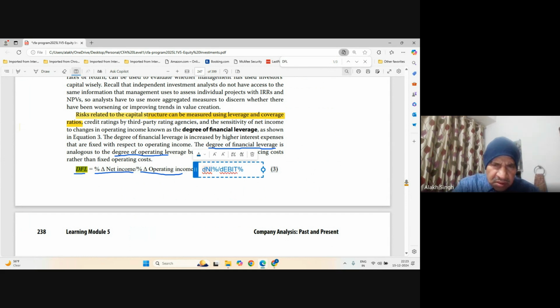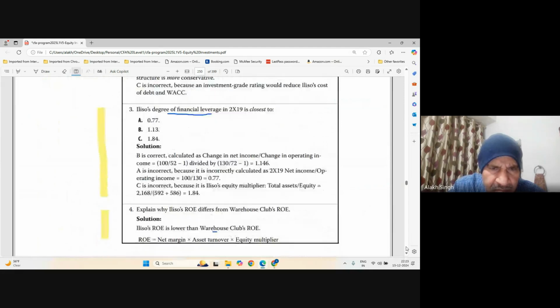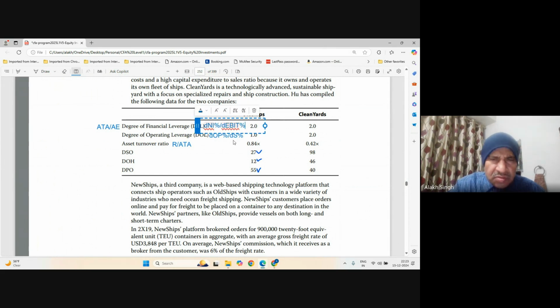Let me copy this, Control C, and go back there. It was on, I think, page 256. So I will put this here, Control V. Whichever we get, percentage change in net income divided by percentage change in EBIT.